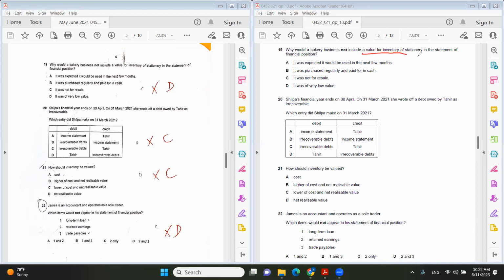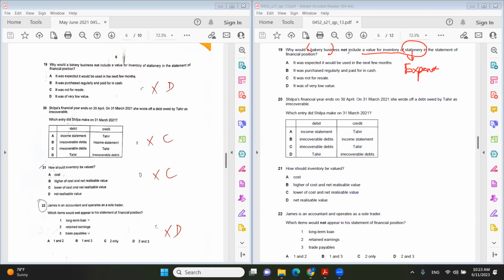Stationery. What does a bakery do? They buy flour and all the ingredients to make bread. Stationery is for them to write and record, so this is more toward expenses.